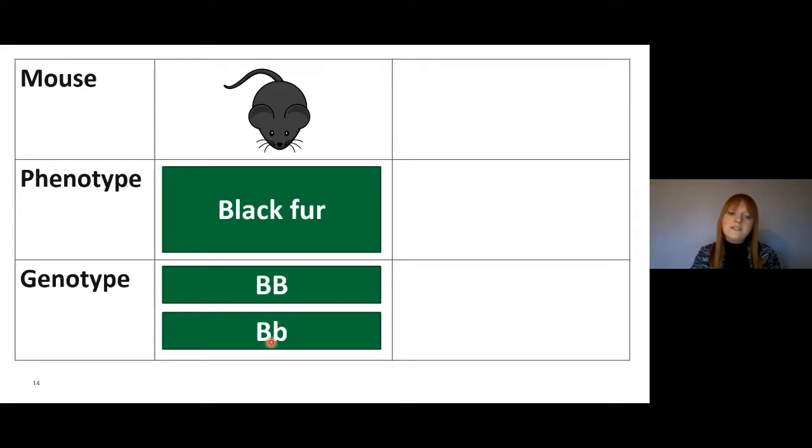So the dominant allele from mum and the recessive allele from dad. The genotype of the black mouse can either be capital B, capital B, or capital B, lowercase b.